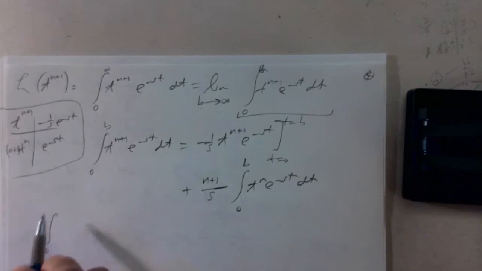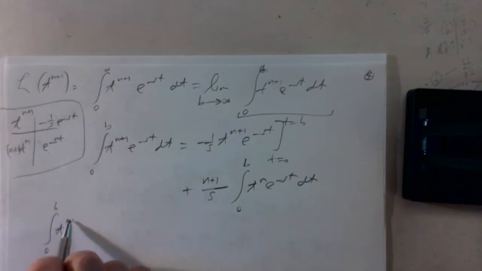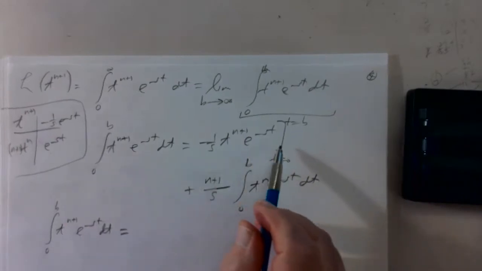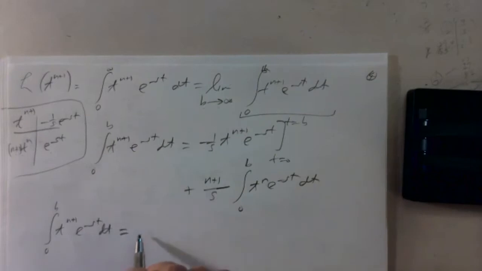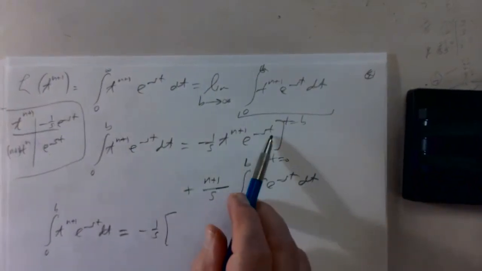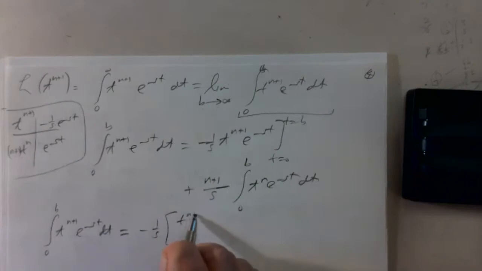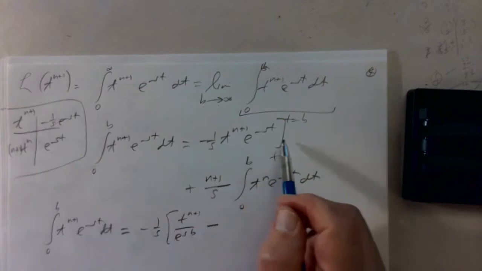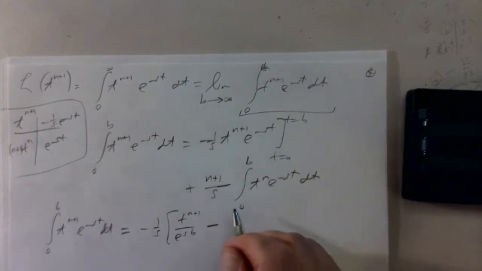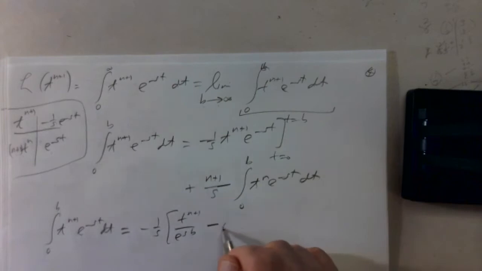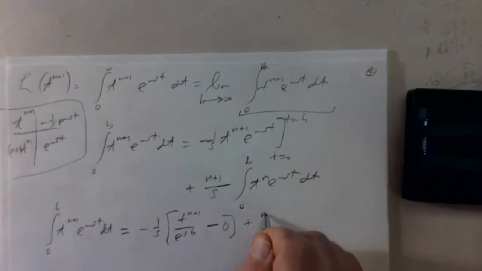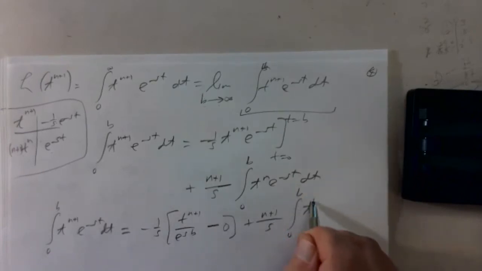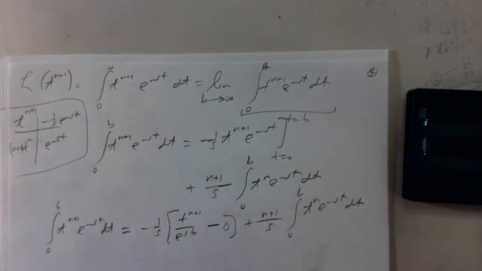Let's see, what is the boundary term? When t is equal to b, I get minus 1 over s, b to the n plus 1 over e to the sb, minus what this is when t is equal to 0, and that is 0 times 1, which is 0, plus n plus 1 over s, the integral from 0 to b of t to the n e to the minus st dt.